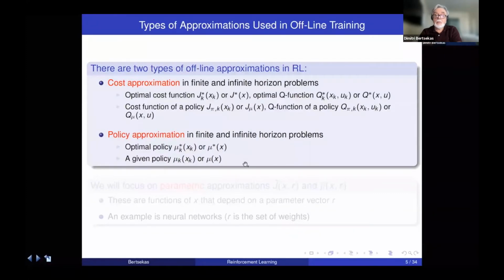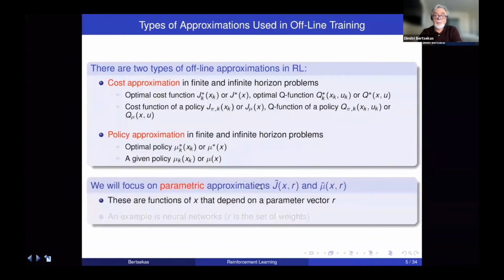So the approximations would be mappings that map a state into a cost that's approximately equal to this or that or this or that. So all of this deals with approximations, and we have several ways of doing these approximations. However, we are going to focus on parametric approximations. So a target function J is going to be approximated by another function, J tilde, that depends on the state, but also depends on a parameter.